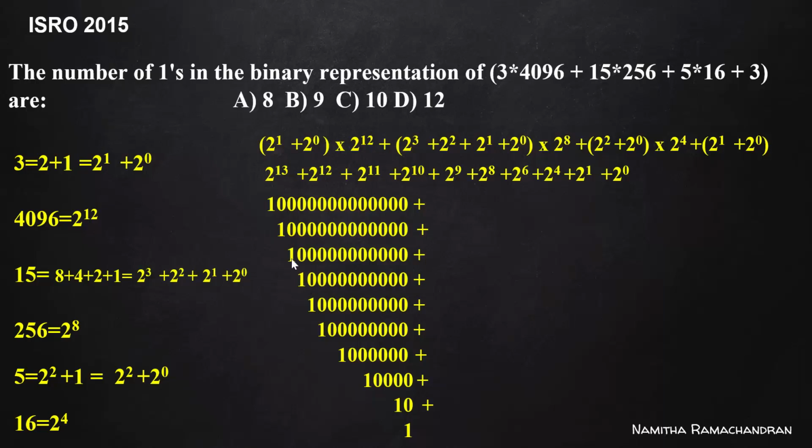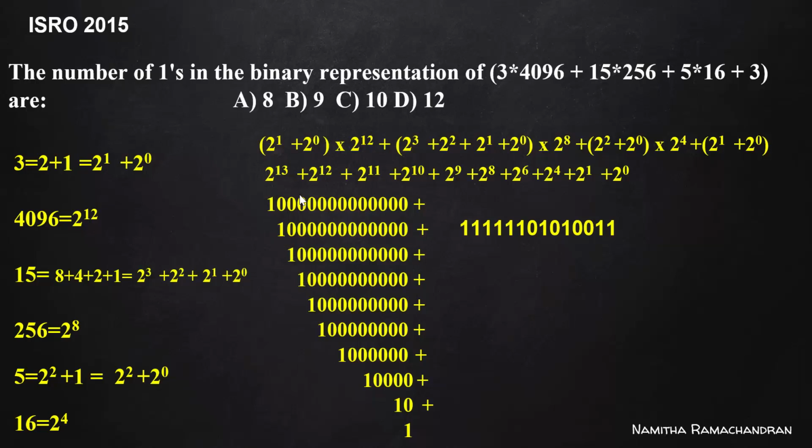Next is 1 followed by 11 zeros, 1 followed by 12 zeros, 1 followed by 13 zeros. So while adding these, we get this. We don't want to actually add in order to get the number of ones present in the binary representation of this evaluation, because from this it is clear how many ones are present: 1, 2, 3, 4, 5, 6, 7, 8, 9, 10.